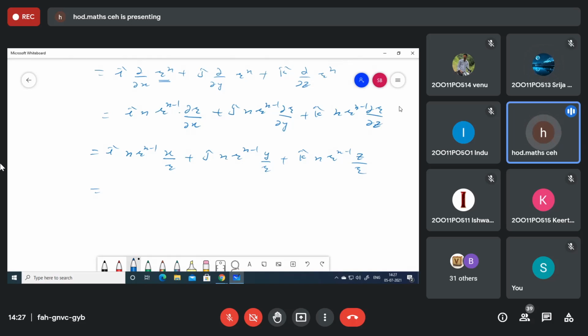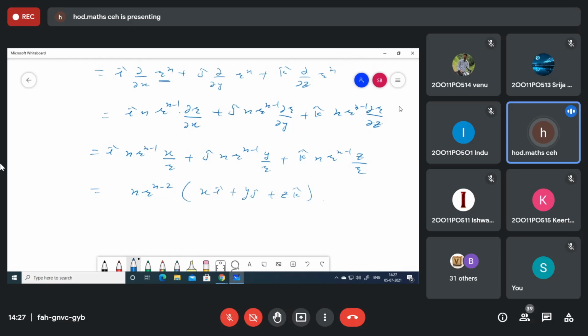So, r if you write in the numerator, it will become n into r to the power n minus 2. And this will be common in all these three terms. So I will take it common and write it as x i cap plus y j cap plus z k cap.